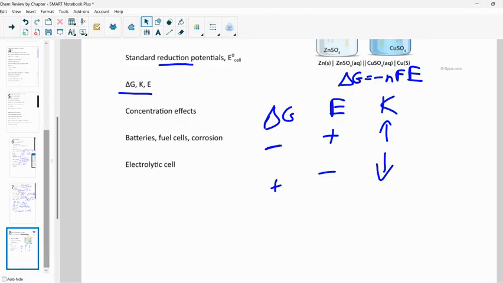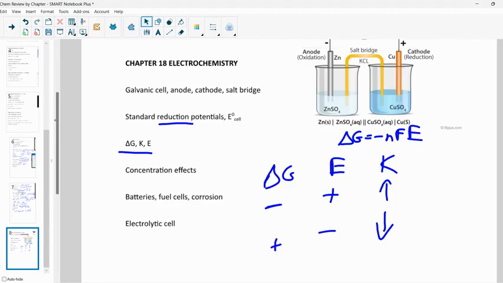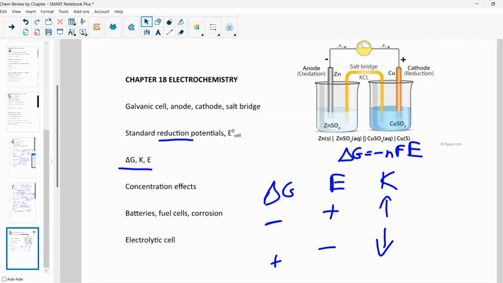How can I get a negative E of the cell? What do I have to do? I have to put something up there. Instead of a voltmeter, I'm going to put a battery. I'm going to put some kind of power source to force electrons in the reverse direction. This is the whole idea of us recharging our cell phone batteries, recharging anything.